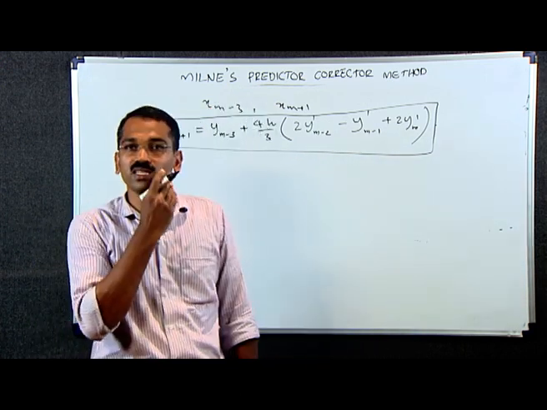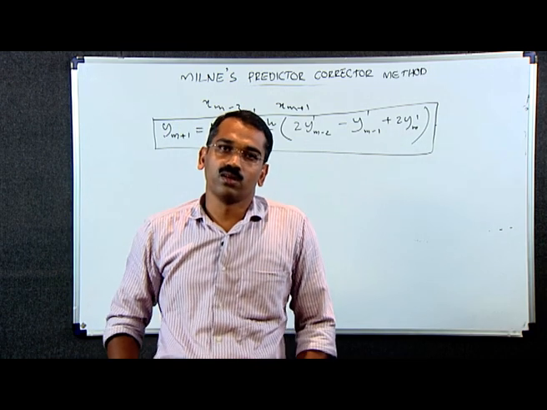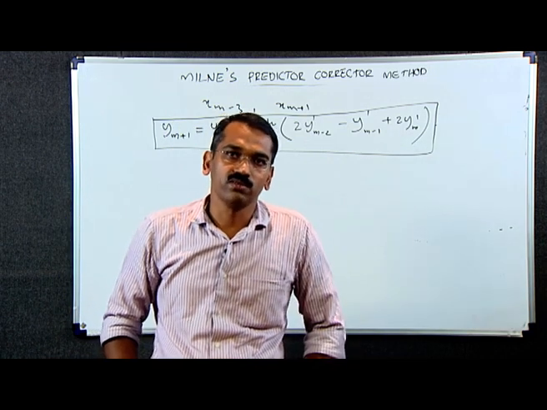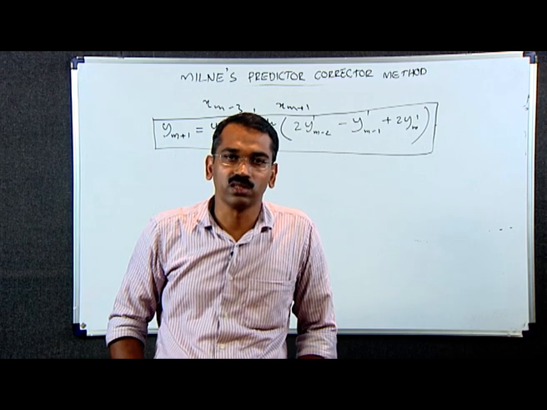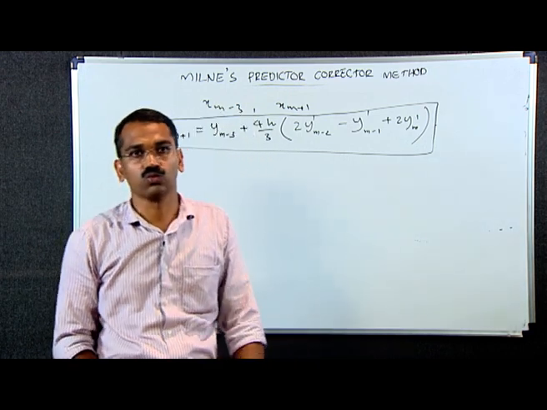Now, to derive Milne's corrector formula, we have to integrate with respect to x between the limits x naught and x 2.